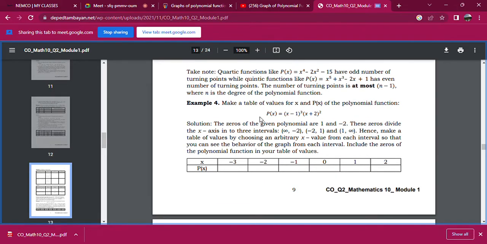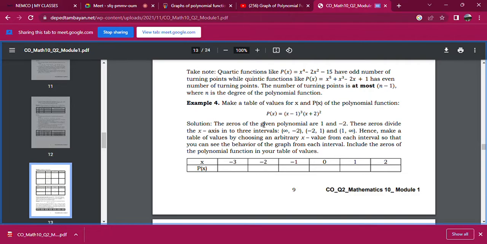Example number 4. This time, we will make a table of values of x and p of x of the polynomial function. For example, we have p of x is equal to (x minus 1) cubed times (x plus 2) squared.